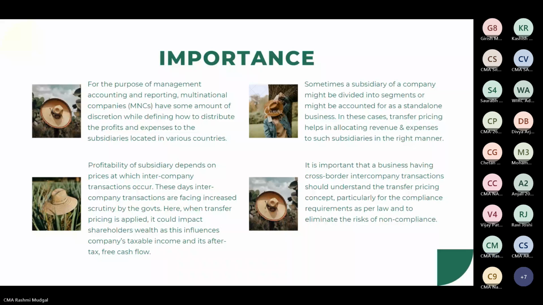The profitability of a subsidiary depends on the prices at which intercompany transactions occur. These days intercompany transactions are facing increased scrutiny by the government. When transfer pricing is applied, it could impact the shareholders' wealth and the companies' taxable profit.